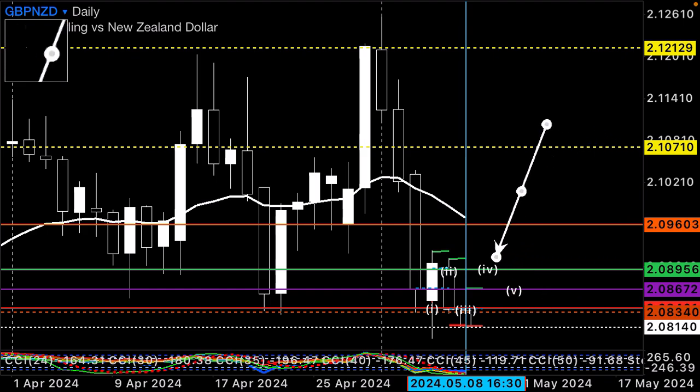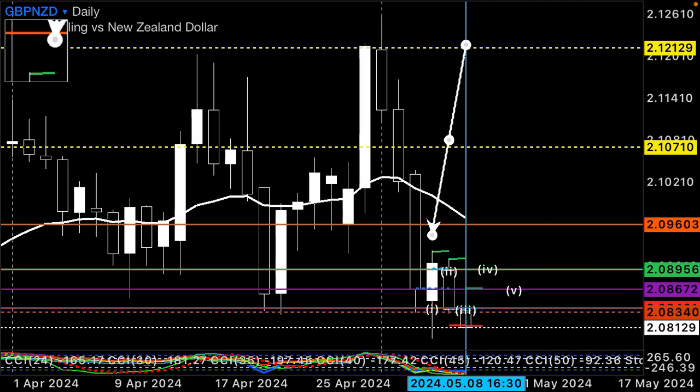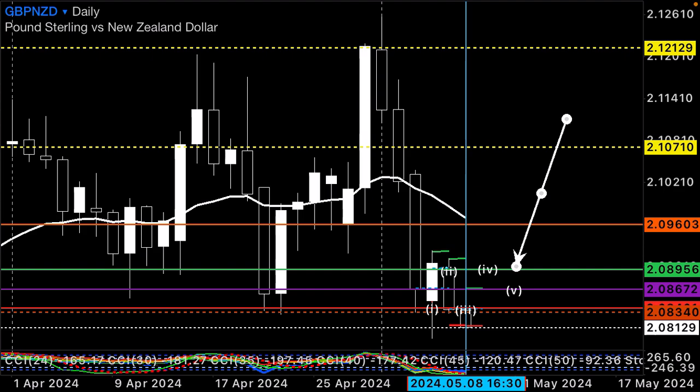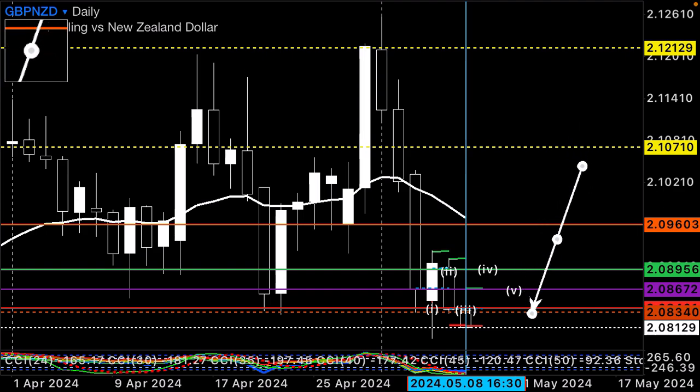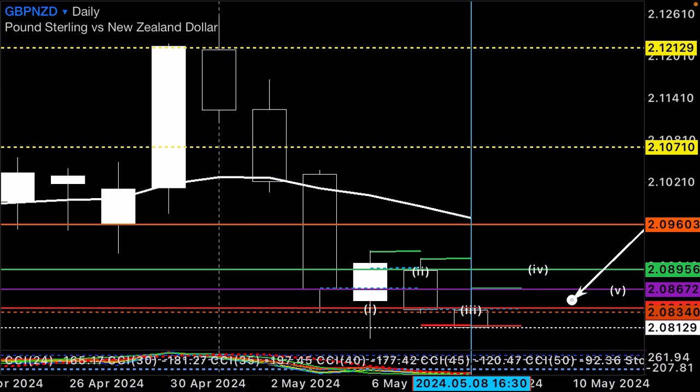That's the actual price. So the price over here is 2.08129. That's the current price. And we just put that orange dotted line at the high of the current daily price.